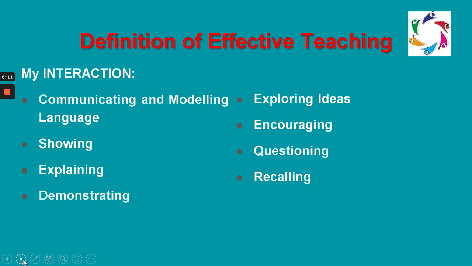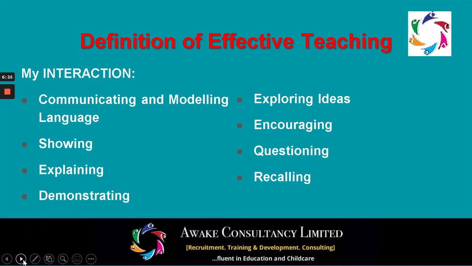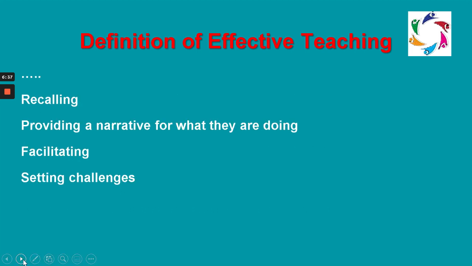We're modeling language. So when you have an inspection and a joint observation, and you've been observed by the inspector and the senior management in order to review it, to talk about the effectiveness of teaching and how that is having impact on children's learning and therefore the quality of education, you should just know at the back of your mind that you've got to have a good interaction with the children, in addition to all of the other ingredients that will be coming up.